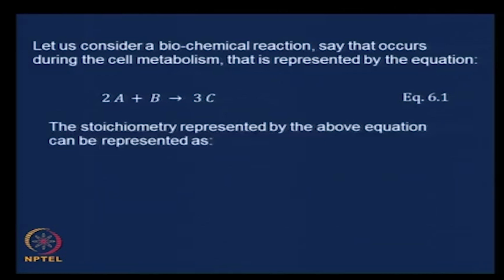The stoichiometry represented by the above equation can be written as 0 equals 3C minus 2A minus 1B. I have deliberately written it like this. I have taken the product coefficient to be positive, so 3C minus 2A minus 1B equals 0.